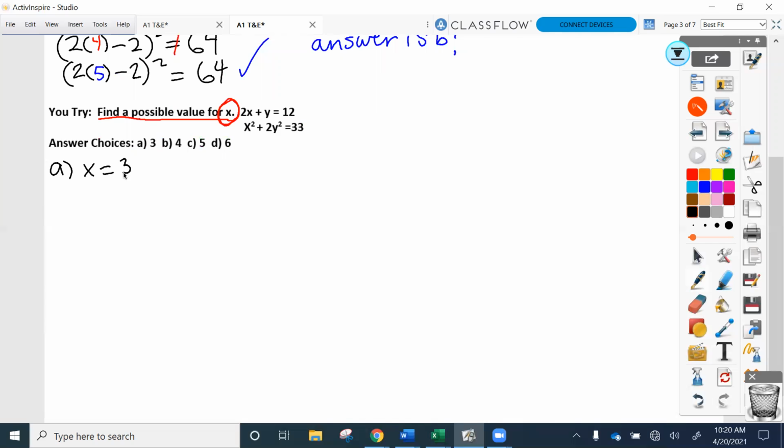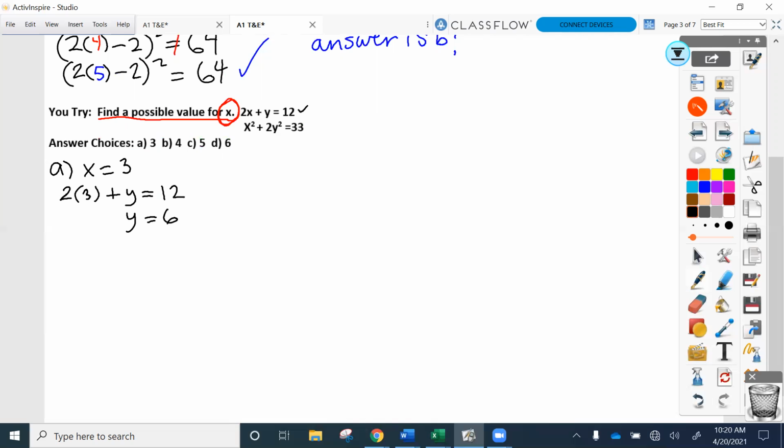So what we can do here is put 3 in for x in the equation, and that would tell you what y would have to be, right? So this is 6 plus y equals 12. If you subtract 6 from both sides, you get 6. So if x is 3, then y is 6 in this equation, right?